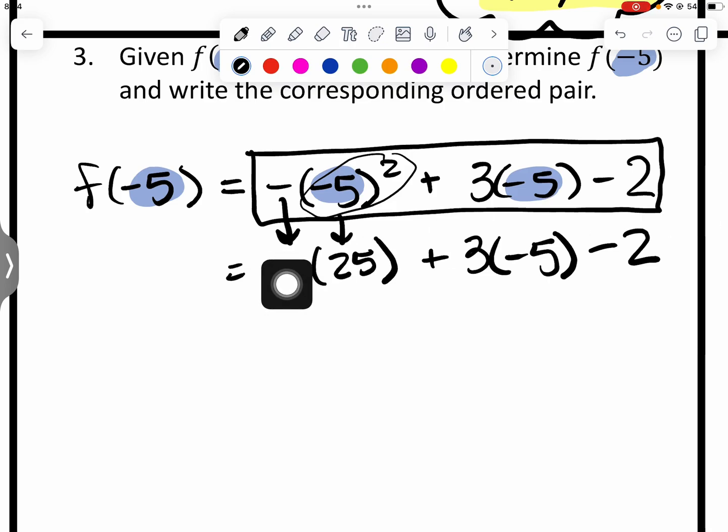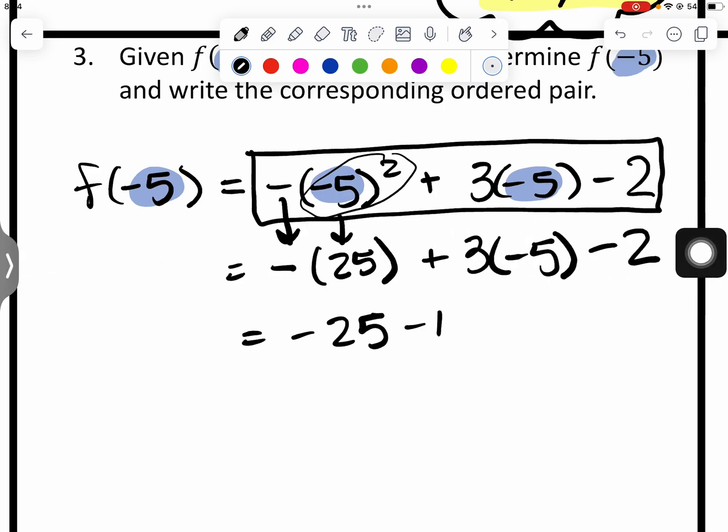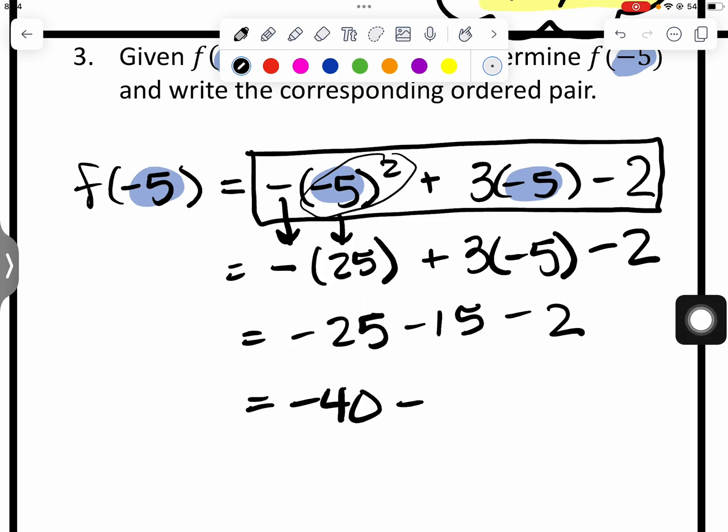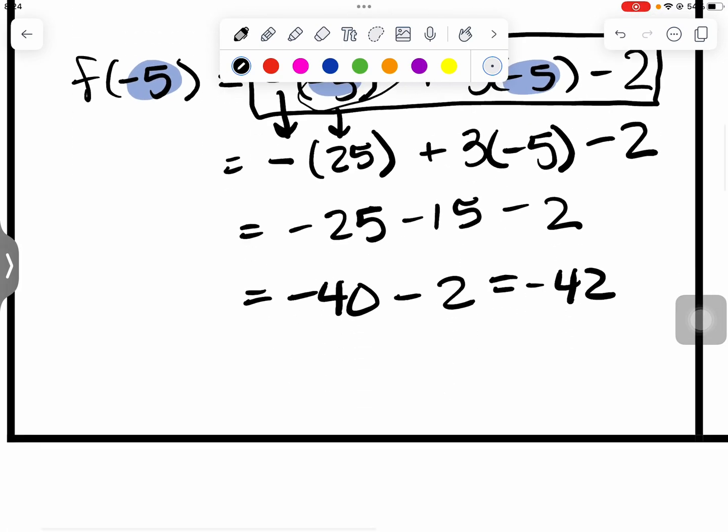Officially, this is negative 1 times 25 is negative 25. 3 times negative 5 is negative 15. And then minus 2. Let's add and subtract from left to right. Negative 25 minus 15 is negative 40. Subtract 2 is negative 42. So our ordered pair here is negative 5, comma, negative 42.